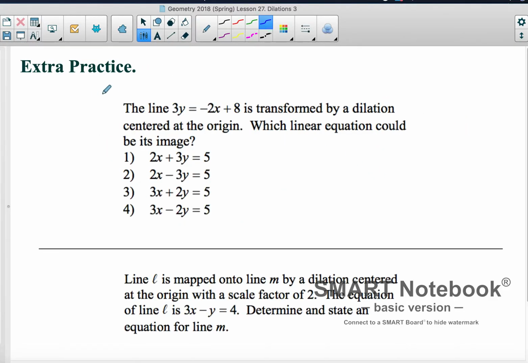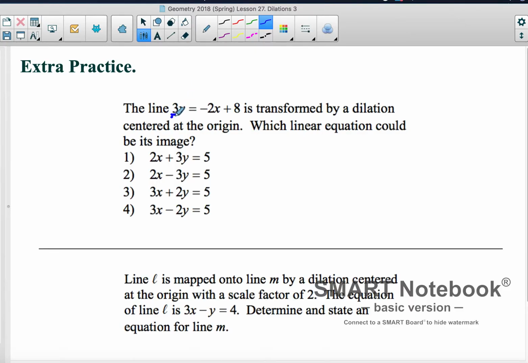Moving on, so a little bit of extra practice for you guys here. I'll go through these problems, but obviously we are trying to figure out stuff that's dilated with a center at the origin. So you always have to put this into that y equals mx plus b form first, our slope-intercept form.